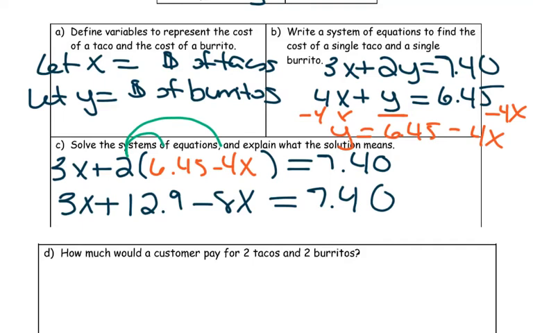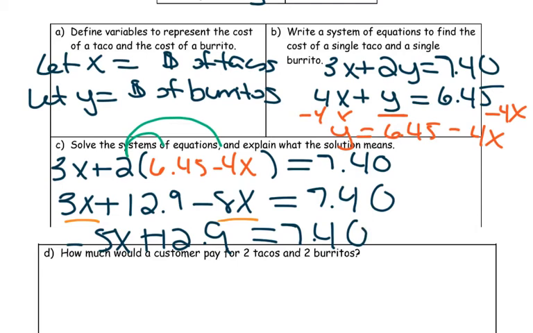I combine my like terms. That would give me negative 5x plus 12.9 equals 7.40. And then here I'm going to subtract 12.9 from both sides. This will get crossed out here.